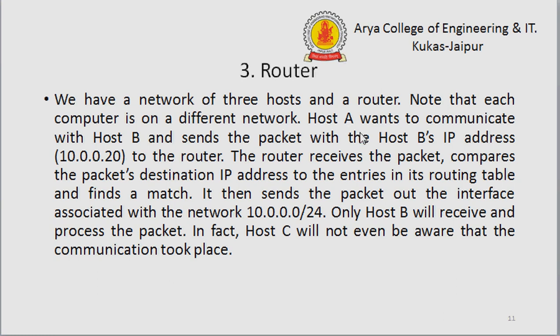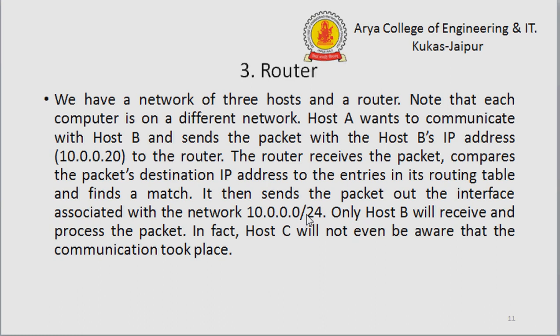Host A wants to communicate with host B and sends the packets with host B's IP address, that is 10.0.0.20, to the router. The router receives the packets, compares the packet's destination IP address to the entries in its routing table and finds a match.